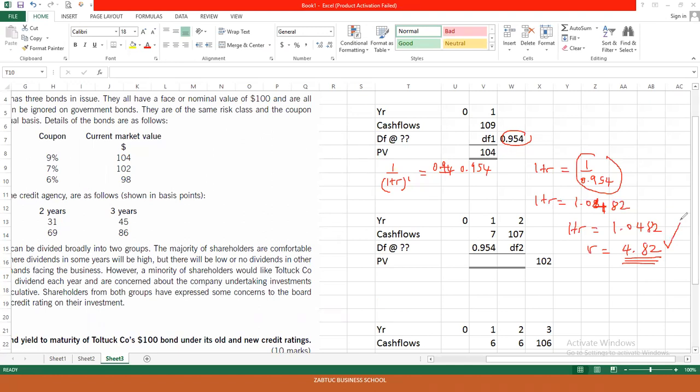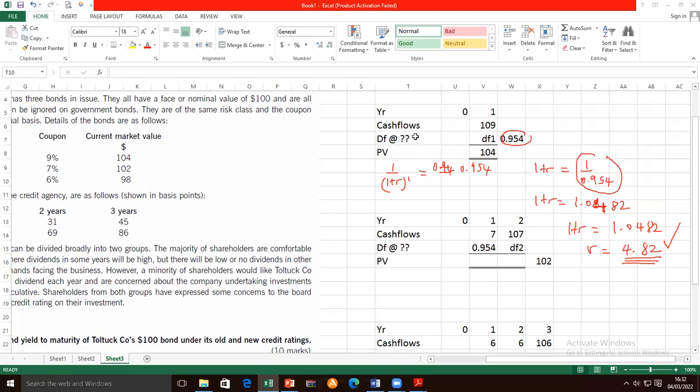The spot yield, you have found it. Here the answer is 4.82%. That's the answer here.